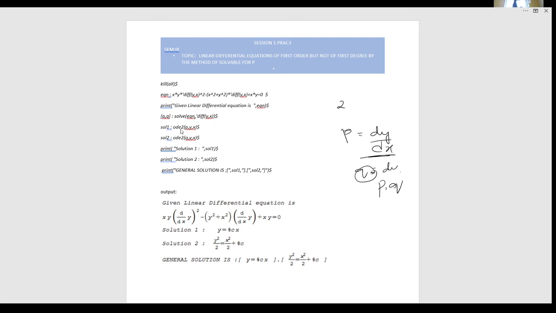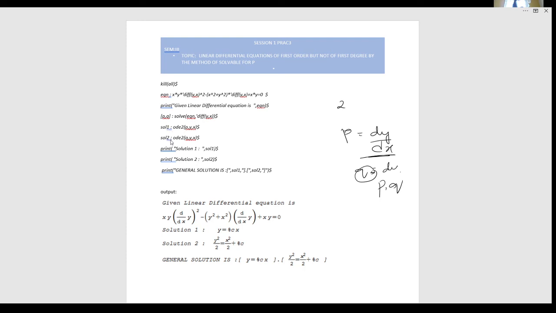So the ordinary linear differential equation, here the differentiation of y with respect to x is solved. The solution is stored in SOL1, that is solution 1. Solution 2 is the other ordinary differential equation, a part of the general solution, stored in SOL2.